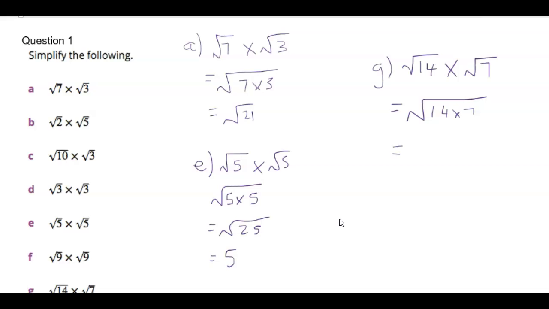So 7 times 10 is 70, plus 7 times 4, which is 28. So it's going to be the square root of 98. And then the square root of 98 can be simplified to 49 times 2.